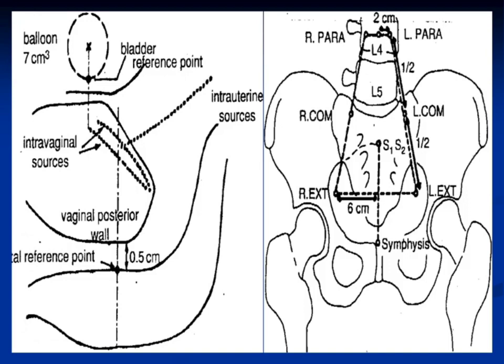CT scan is also used for interstitial brachytherapy in carcinoma cervix, and more commonly in the form of 3D CRT or interstitial implant, particularly where the tumor is in advanced stage 2 to 4 and the anatomy of the tumor is grossly distorted, so the applicators are not going inside.